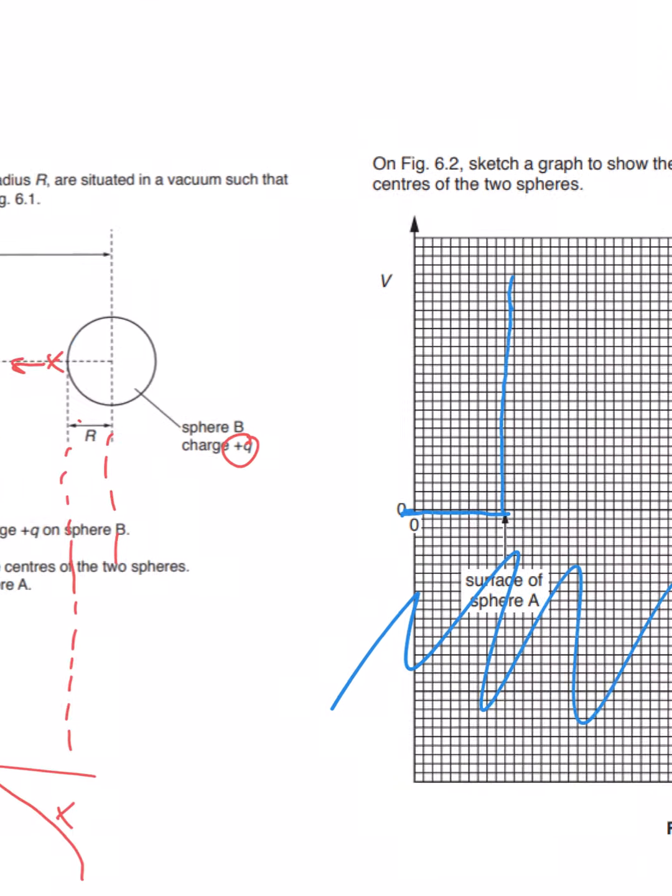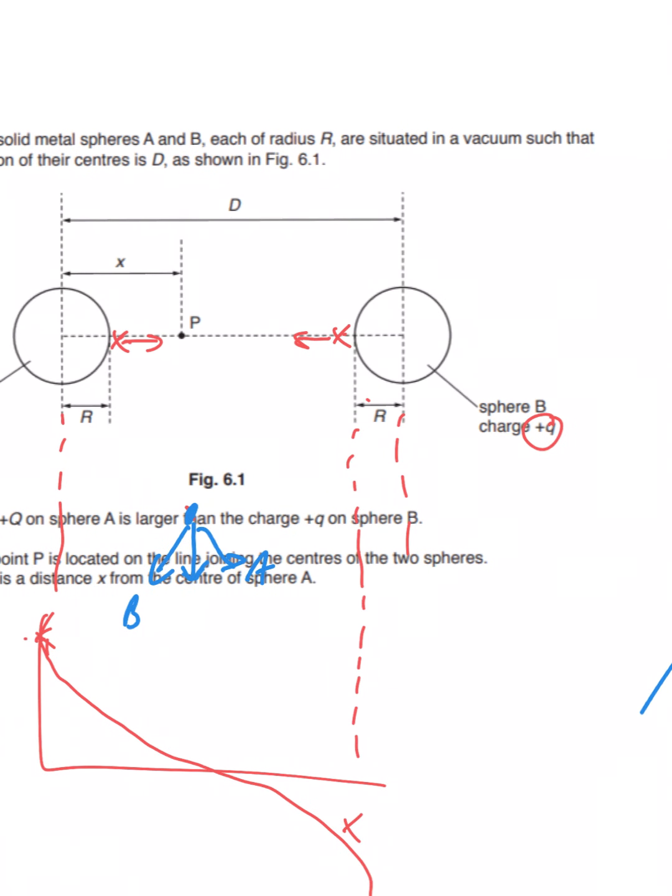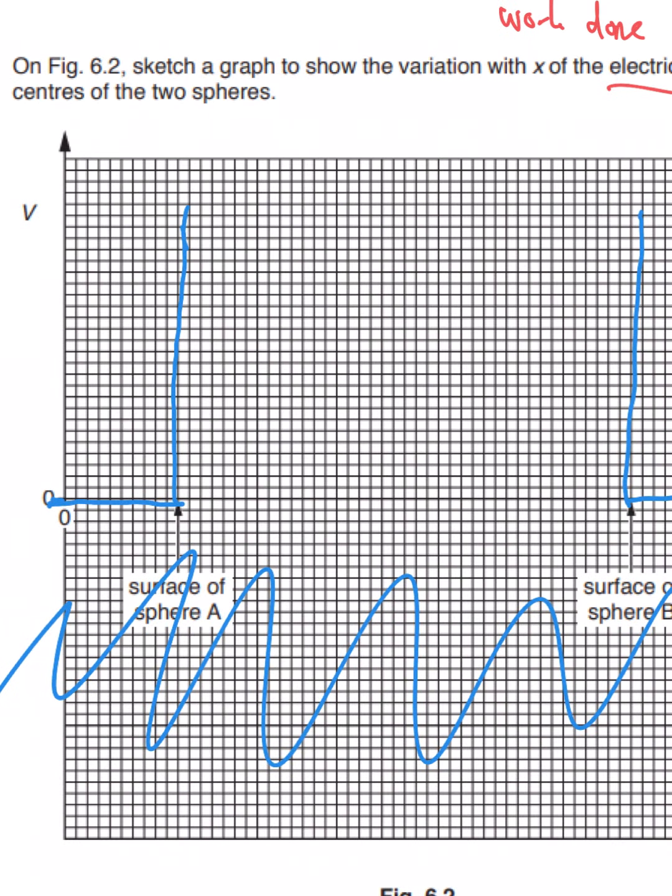Now again, if I think about what I would feel if I pushed this test charge this way, I would expect to have to put work in. And there's going to be a minimum point around here somewhere, and I'm going to have to put work in again to get this way. So again, I think that the kind of shape I'd be looking for will be something like this.